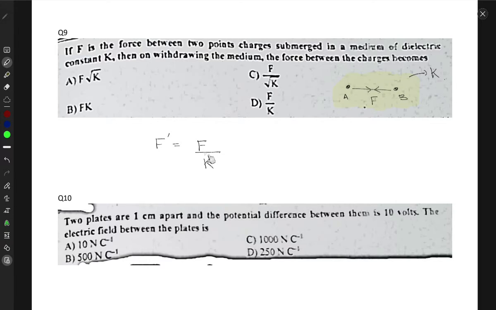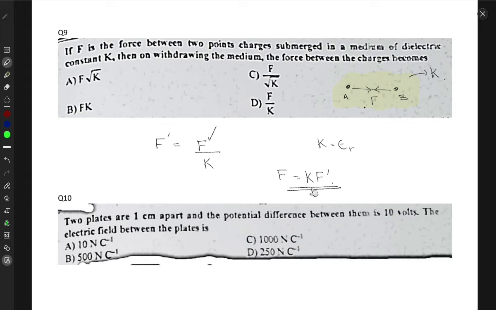Now this dielectric constant K can also be written as epsilon R, right? So it's the same thing that we have been discussing in previous problems as well. And so if I want the force when I remove the dielectric, that is this force F, I'll just rearrange this expression, which becomes K times F prime.